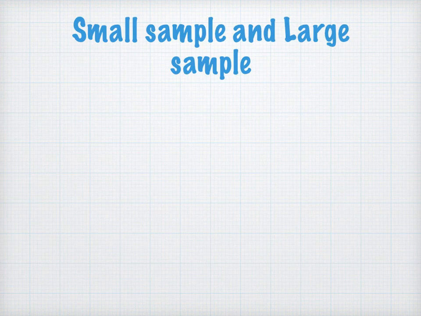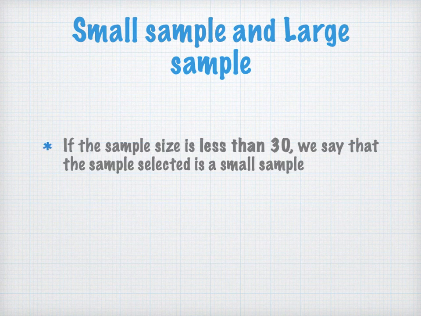Before going to what a large sample test is, we shall categorize samples into small samples and large samples. If the sample size we are choosing is less than 30, we say such a sample is a small sample. But our concentration in this video is on the large sample.